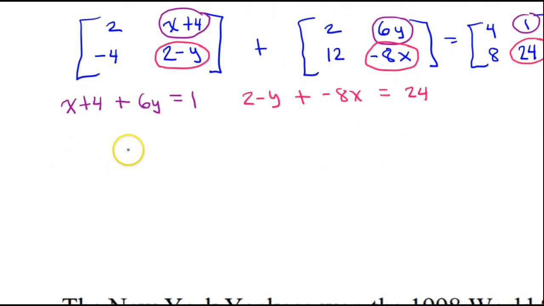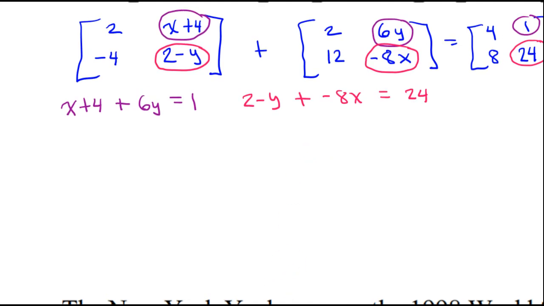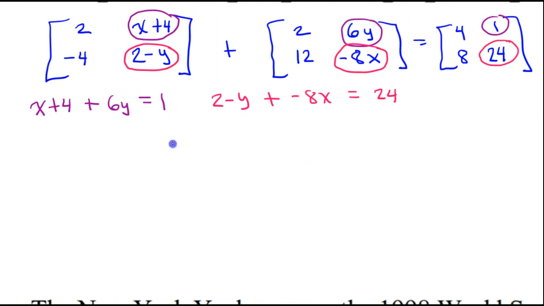Okay, so I've got these two equations in two unknowns. So I should be able to solve this system relatively easily. All right, I think I'll just put a line right here. So what am I going to do? Now, over on the purple equation, I think I will get x by itself. I'm planning on doing substitution.